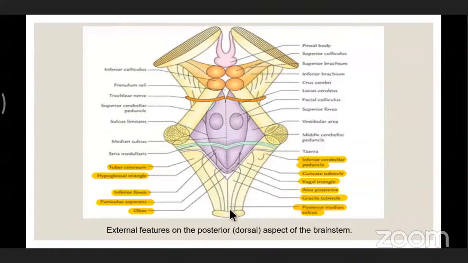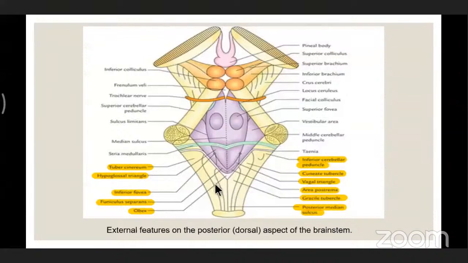So the central canal from the spinal cord ascends above till the lower half of the medulla. From here, its lips diverge and they form the boundaries of the lower part of the fourth ventricle. So we have an upper open part and a lower closed part. In the midline, we have posterior median sulcus. From medial to lateral, we have 3 longitudinal elevations, and these are fasciculus gracilis, fasciculus cuneatus, and inferior cerebellar peduncle.